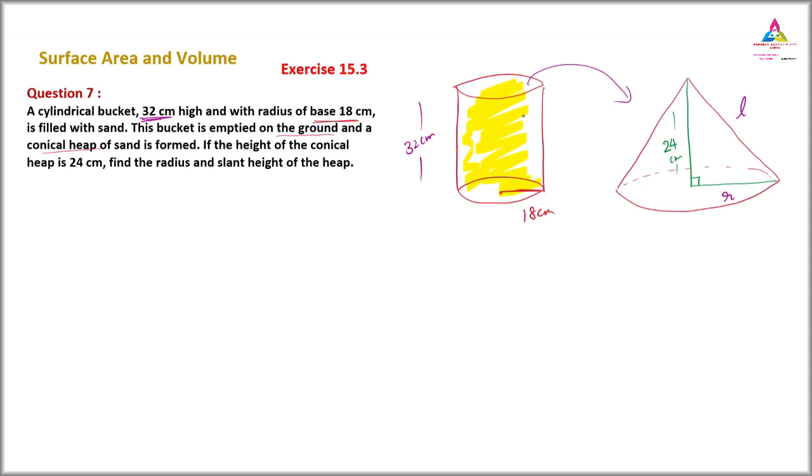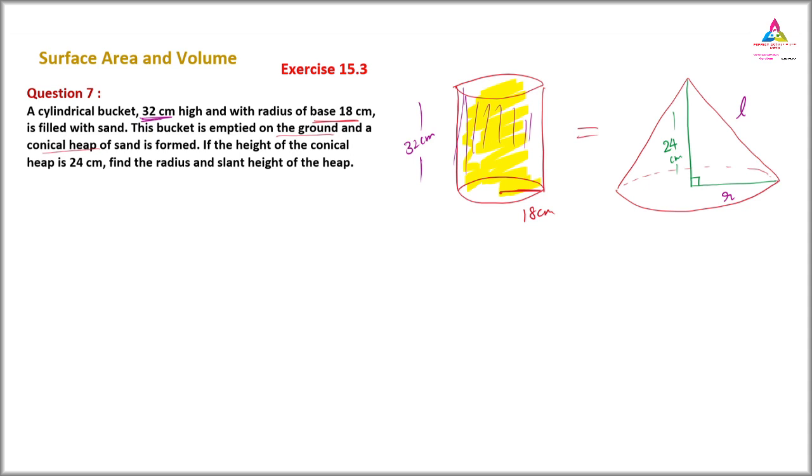That is, how much sand is inside will equal the conical heap outside, because the same sand has been poured out from the cylindrical bucket onto the ground. So what is that equal thing? Is it the surface area or the total surface area? No, it is filled with sand.